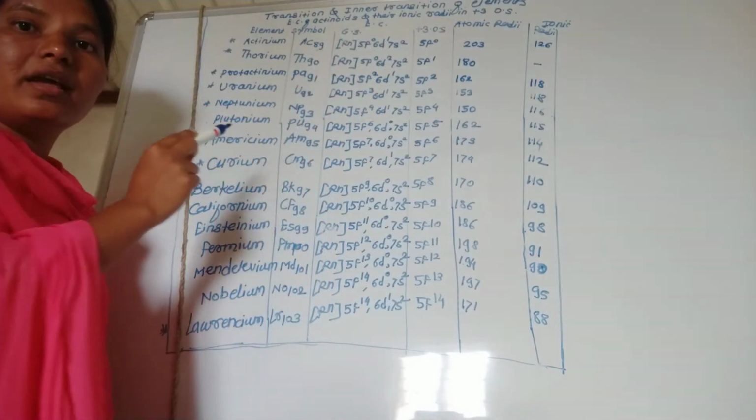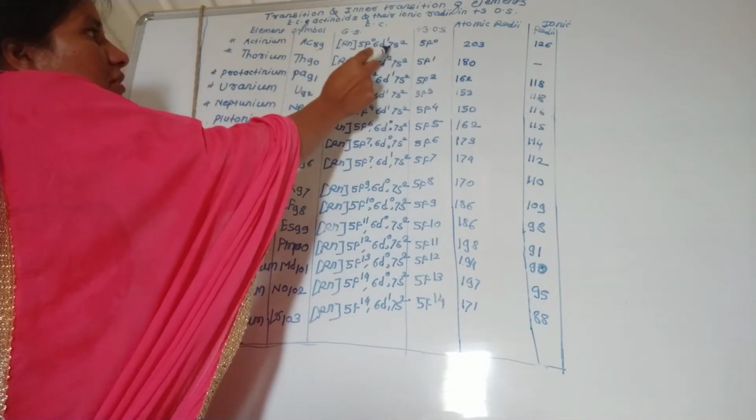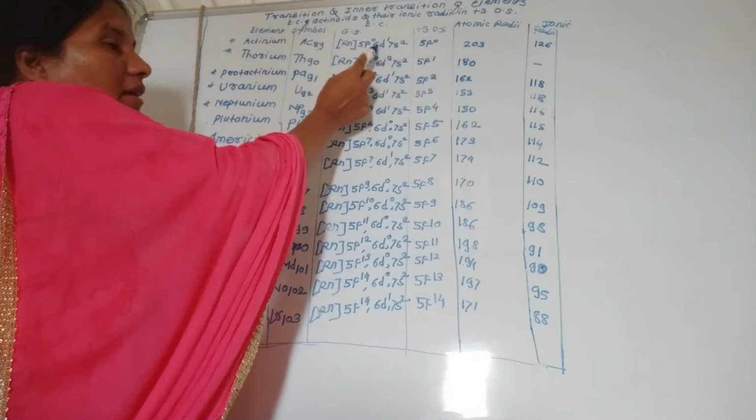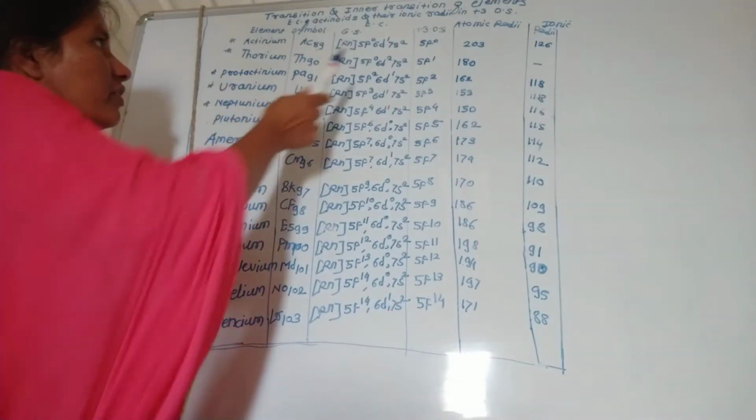The total is 3 electrons. The 2 electrons first enter the s orbital, then 1 electron enters the d orbital. Why not the f orbital?